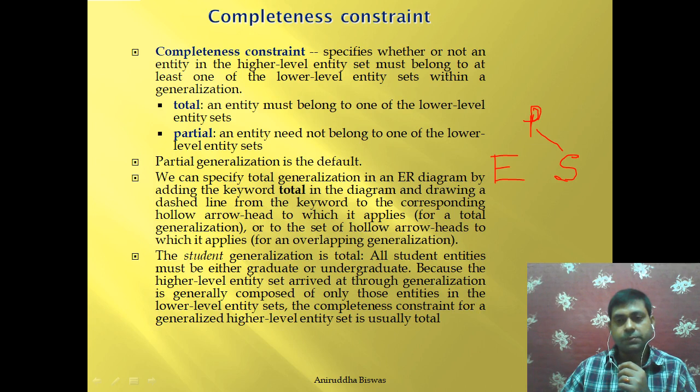So all the persons are totally participating in the lower level entity, but only some persons are participating in the employee lower level entity set. A single line denotes partial participation, whereas a double line indicates total participation. This is how we understand the completeness constraint.